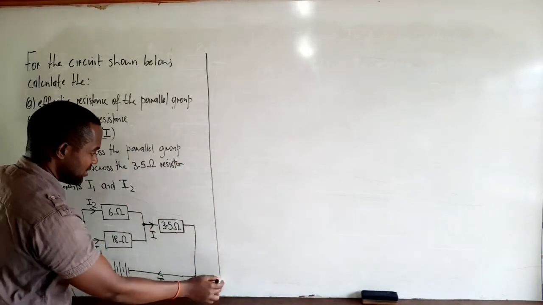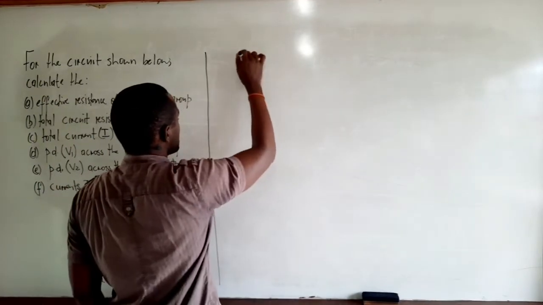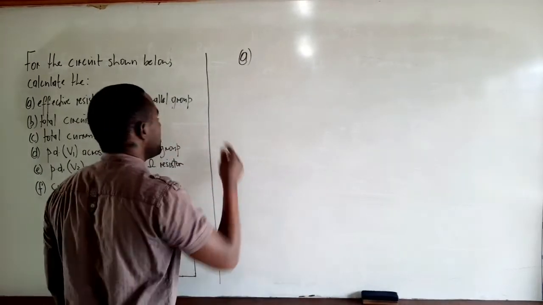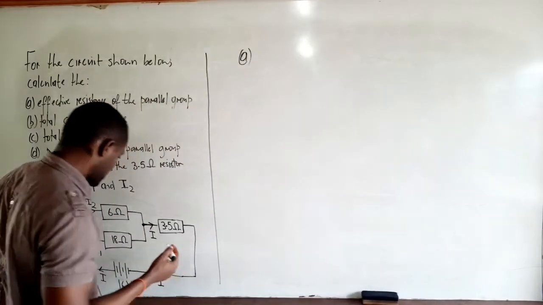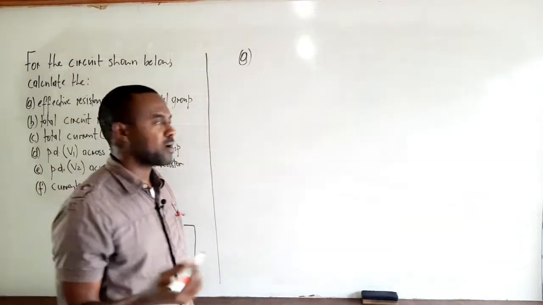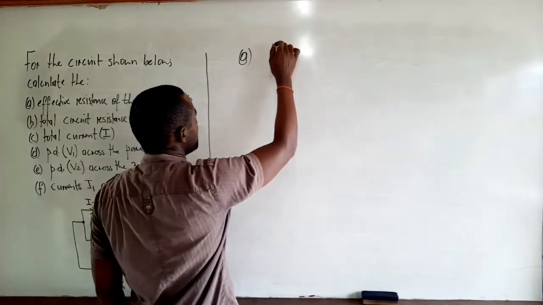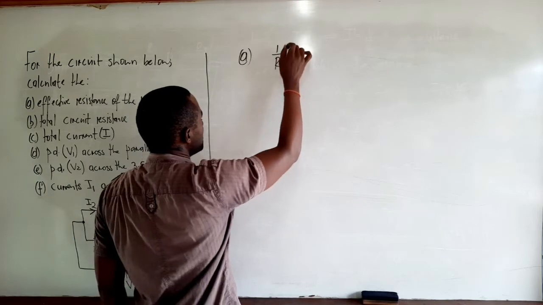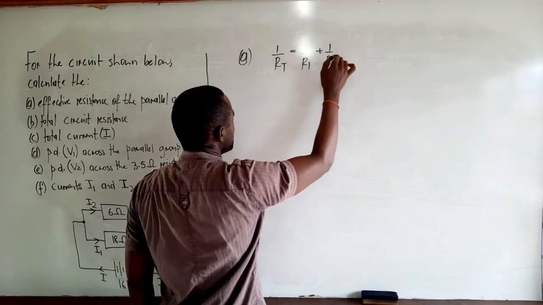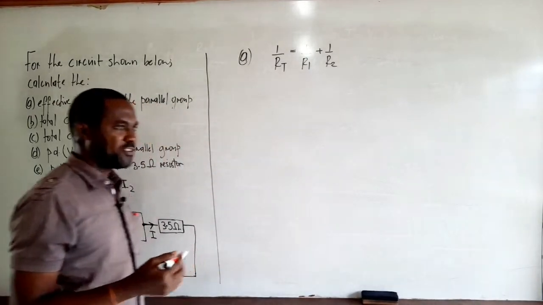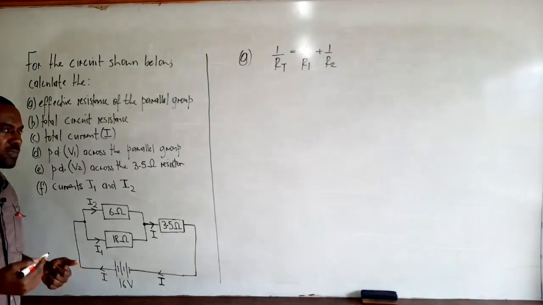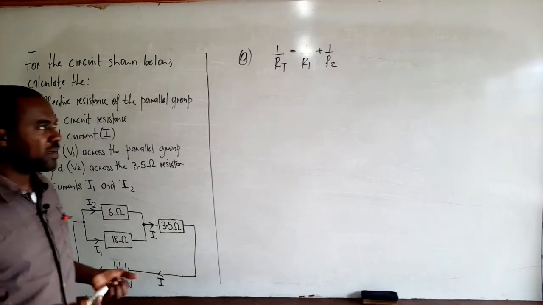So part A. Now we know there's a formula to calculate the effective resistance of resistors connected in parallel. If there are two resistors, we have 1 over RT equals 1 over R1 plus 1 over R2. But if it's just two resistors, then the total effective resistance is simply their product divided by their sum.